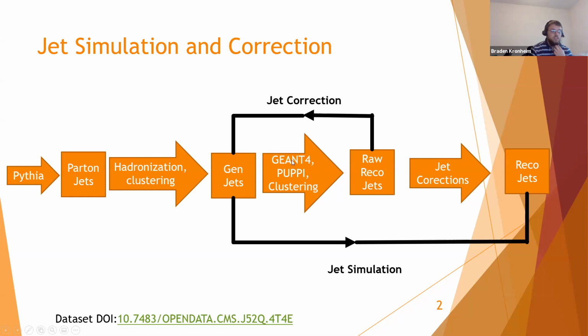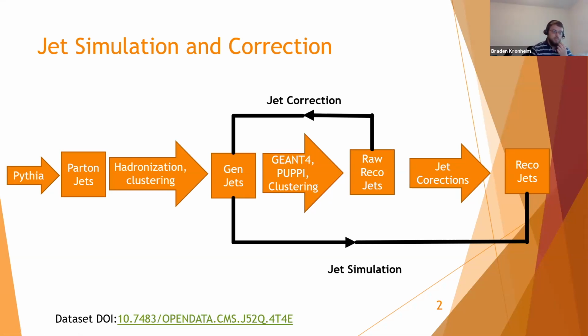These then enter the detector, either actually entering the detector or being simulated entering the detector using Geant4. Then some sort of algorithm like the PUPPI algorithm or charged hadron subtraction is used to remove particles from other events.